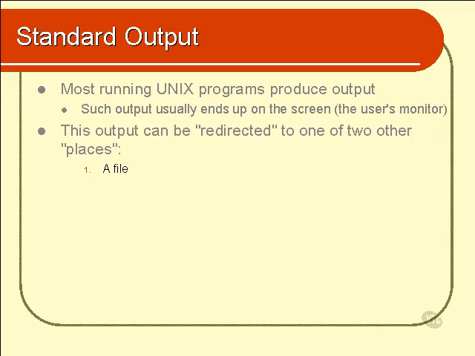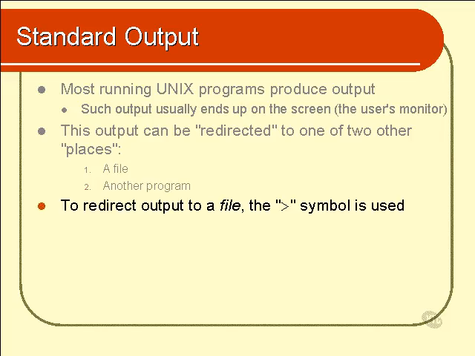This file can then be examined, edited, copied, renamed. Alternatively, the output can be redirected to another program. This is a little more tricky to grasp. We'll have a look at that in just a moment, but before we do, let's look at the way in which output can be redirected to a file.